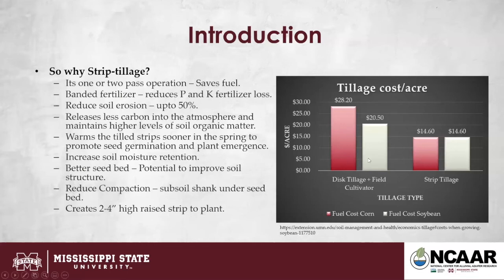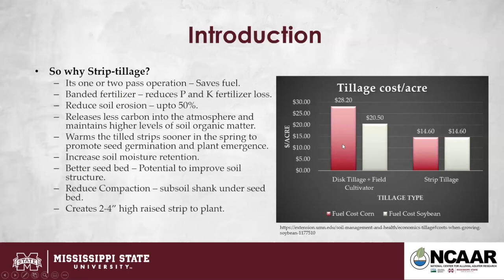If we are disking and doing regular tillage operations, then the cost is more than $20.50 per acre every year. If we are doing strip till, the cost is reduced by at least $6 or maybe $12, depending upon the crop we have.